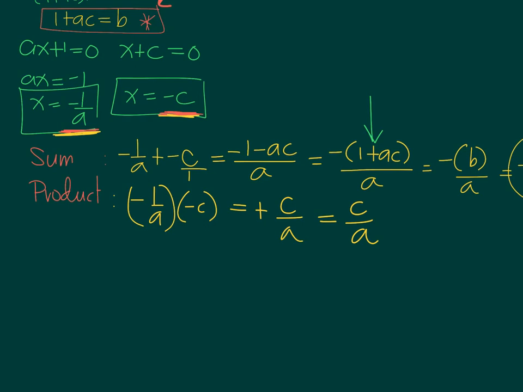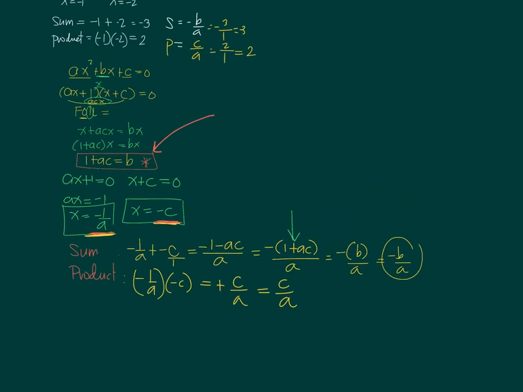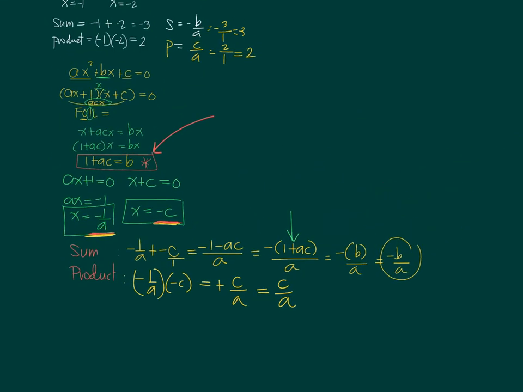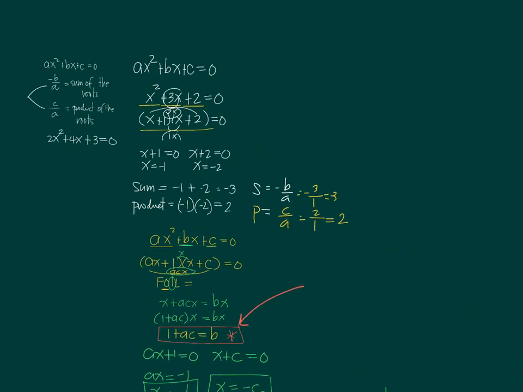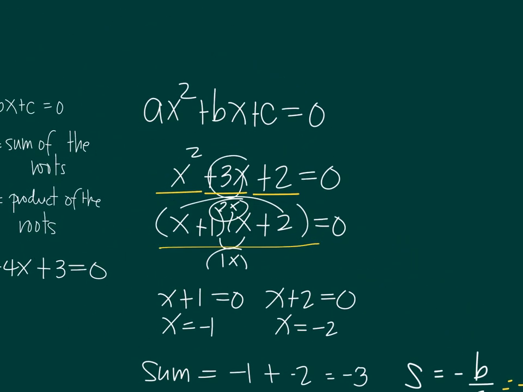Okay, so this is one of, I know two ways of showing why it is negative b over a and c over a. In this approach, I use the concept of factoring. I followed how we factored an example like x squared plus 3x plus 2.